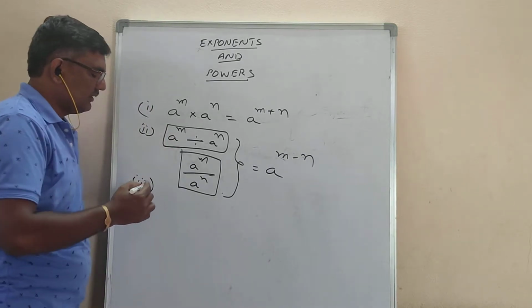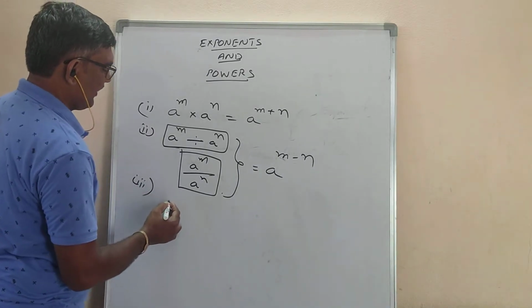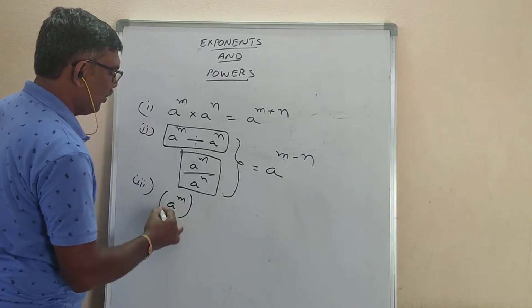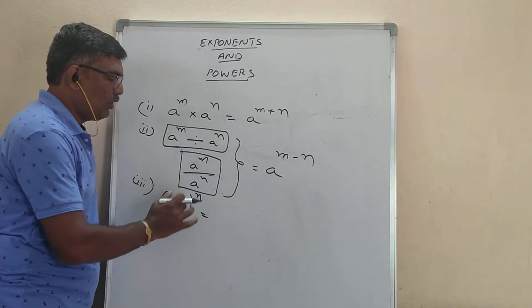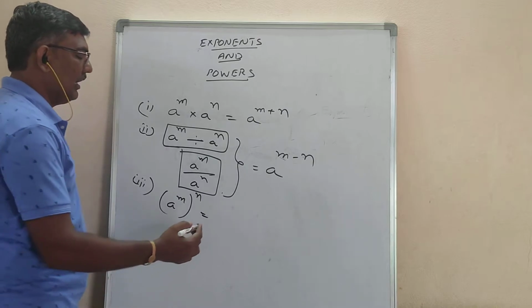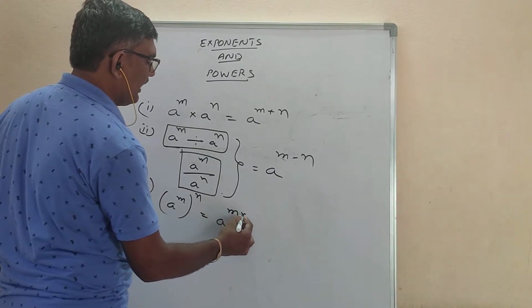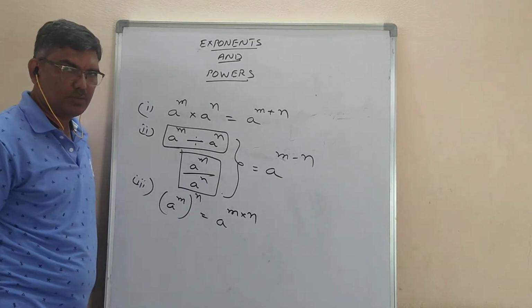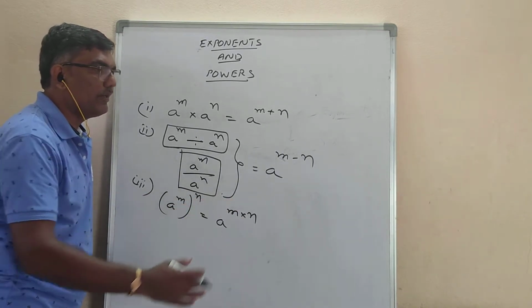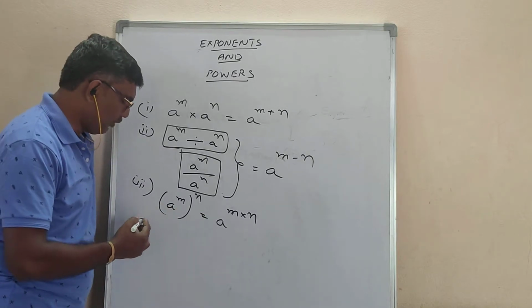Third identity is a power m whole to the power of n. The answer is a to the power of m into n. A power m whole power n is equal to a to the power of m into n. And some more rules are there.